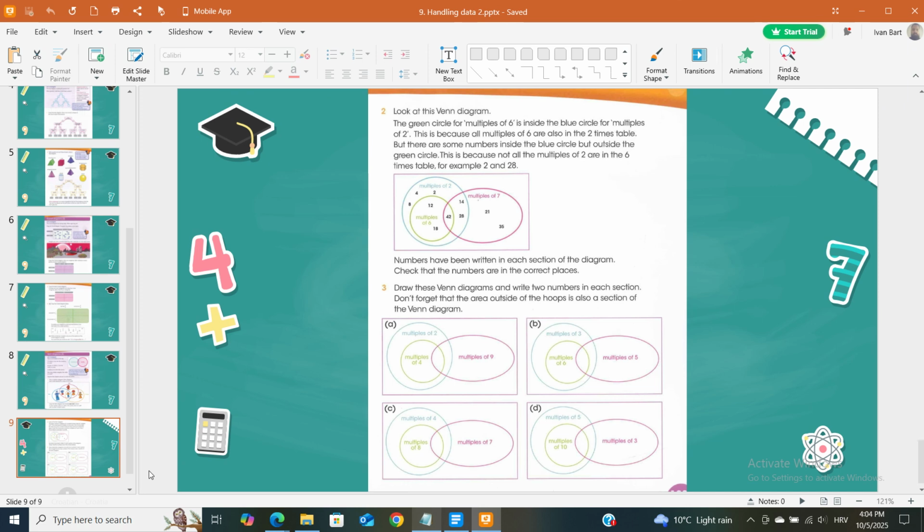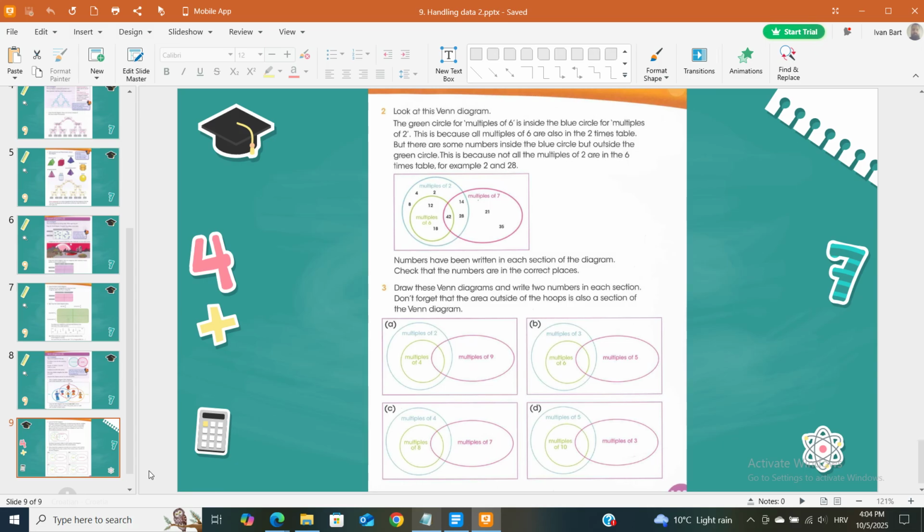Multiples of 2, multiples of 7, multiples of 6. Numbers have been written in each section of the diagram. Check that the numbers are in the correct places.